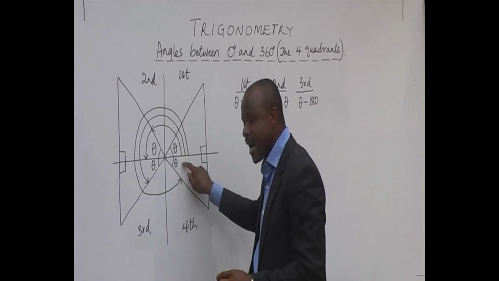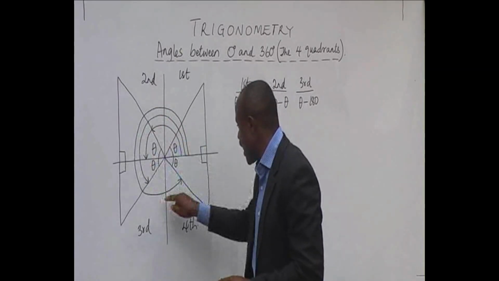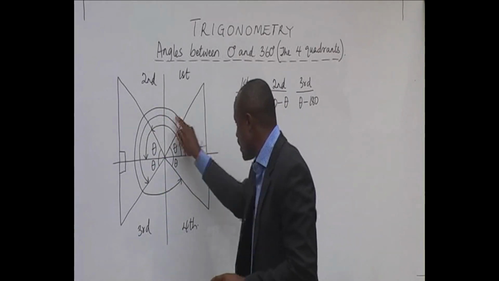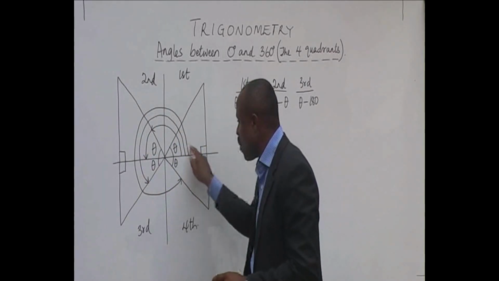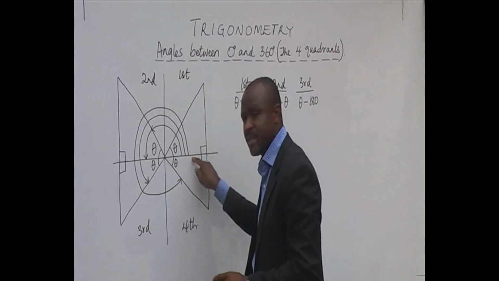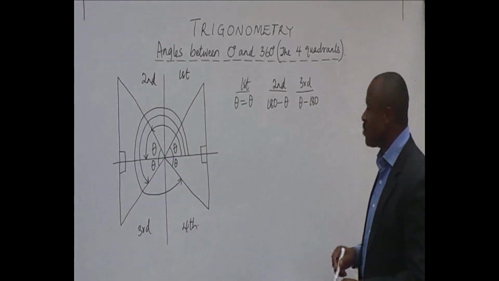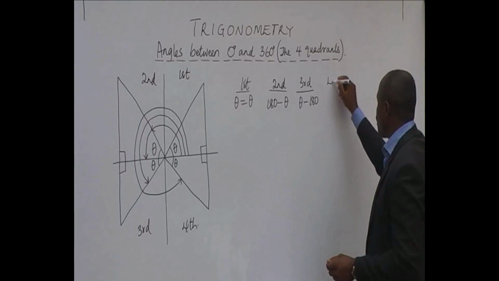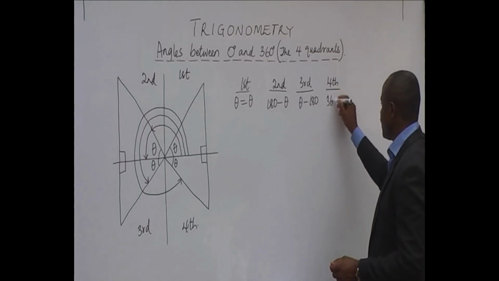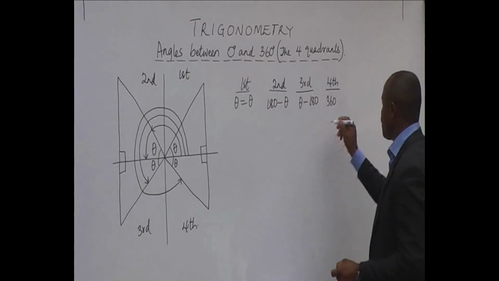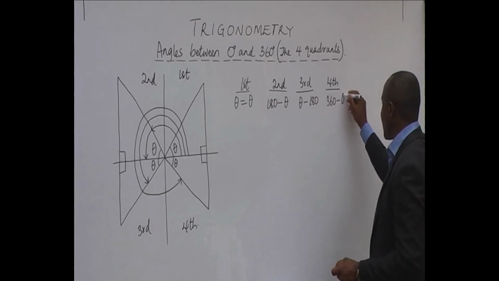The complete circle angle is 360. That is where we derive that the law for the fourth quadrant is 360, the angle of the complete circle, minus whatever theta is.